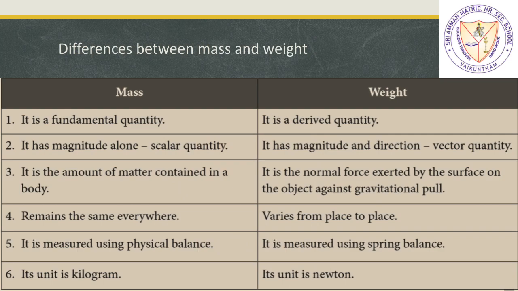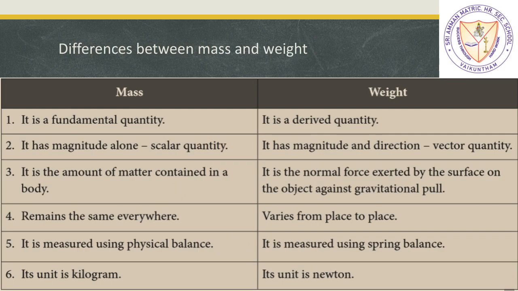Will that happen? No. All the directions will be the same. That means it's just a relative thing, not exactly what direction means. So mass just has got magnitude, it does not have any direction.